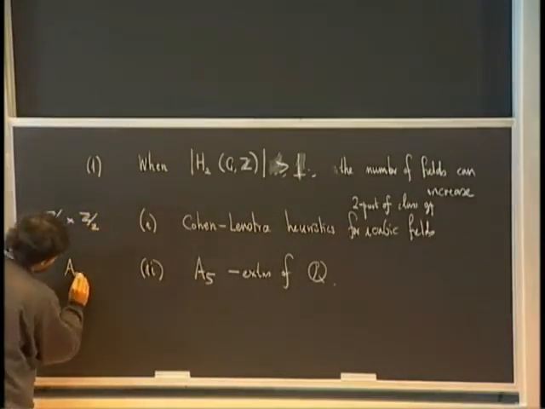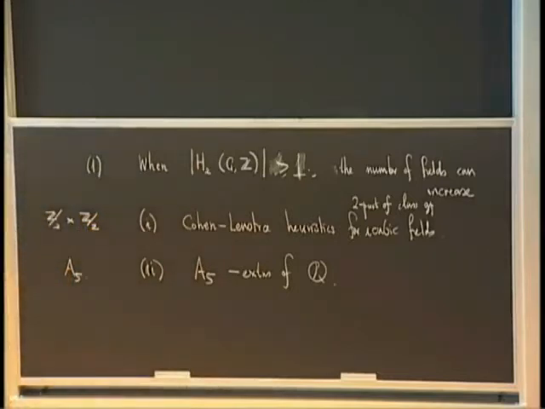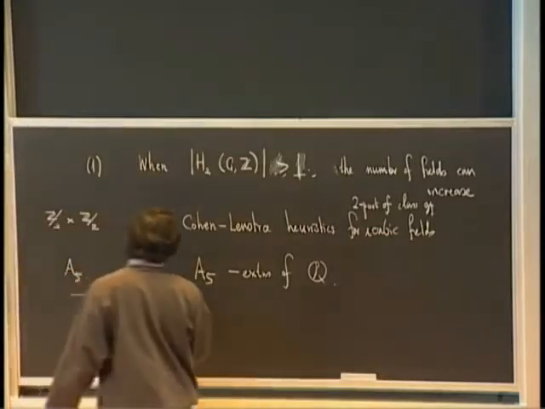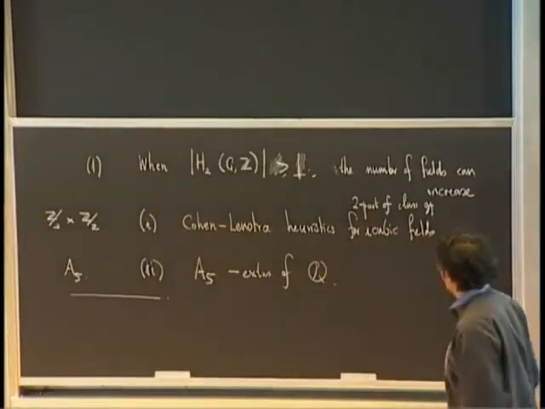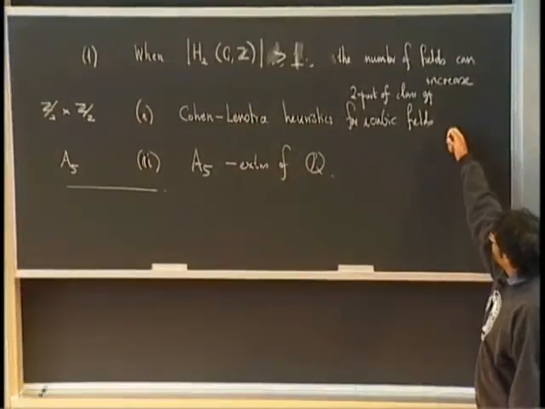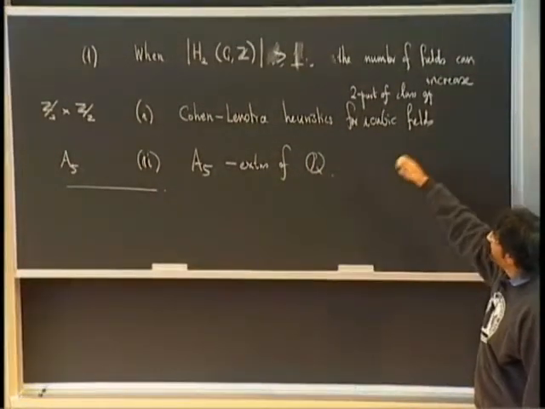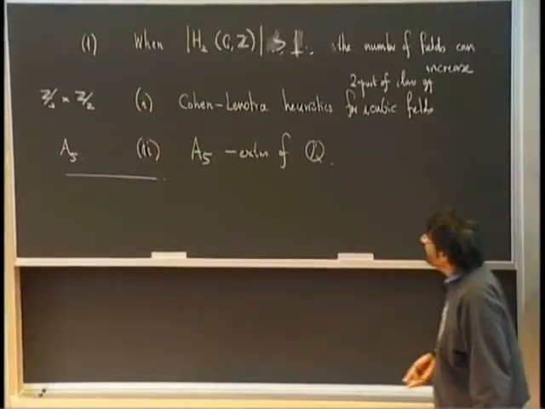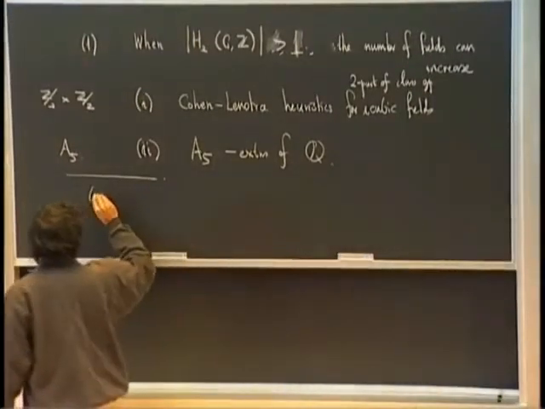And the relevant point in both cases is that the Schur multiplier is non-trivial, and that will increase somehow the expected number of fields. Or at least we think it will increase the expected number of fields. So in this case, there's a lot of numerical evidence due to Mala. Okay.